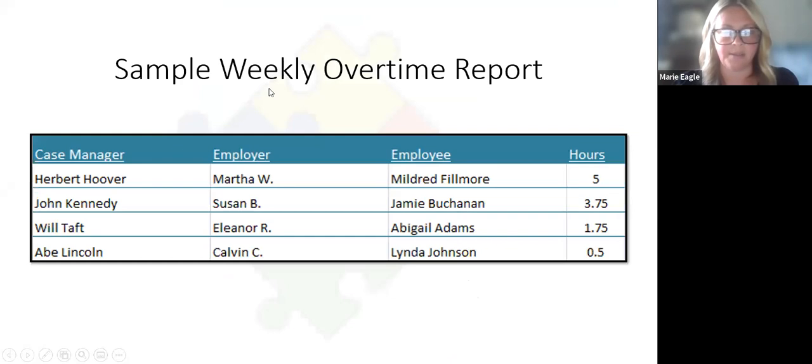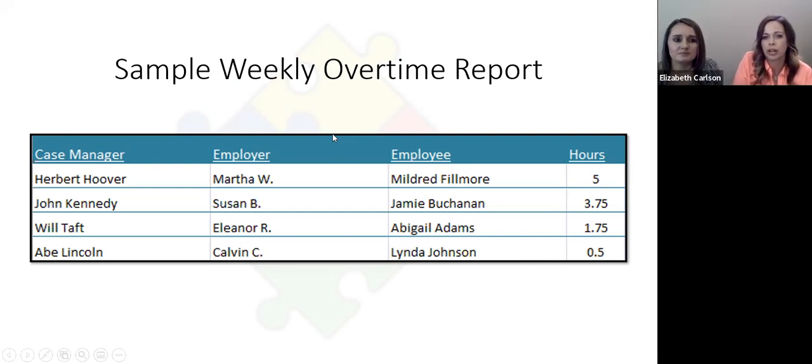And then this, also from Stuart's office, is a sample weekly overtime report, another hot topic pain point issue when it comes to budgets. If you could talk through this a little bit, please. We would just really encourage those getting these reports, which go to identified people at the CMH, whether it's a case manager or an SD coordinator: if someone shows up on the list with 1 hour of overtime once every 6 months, that's no big deal.